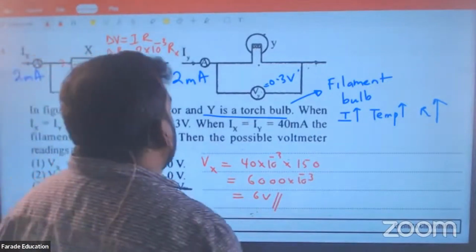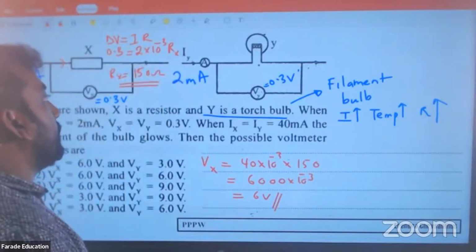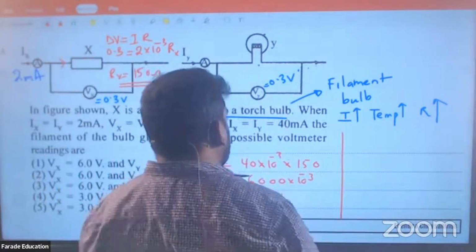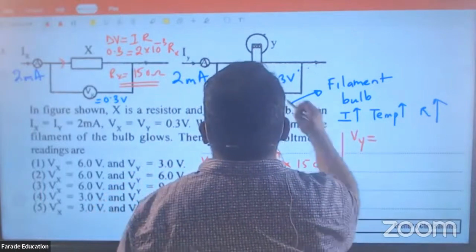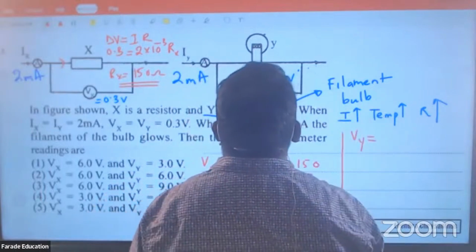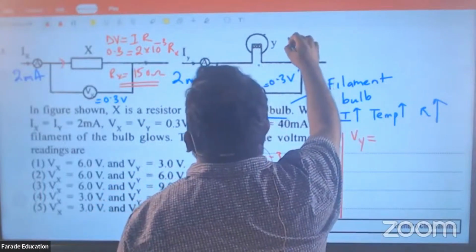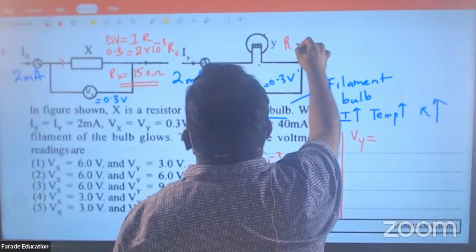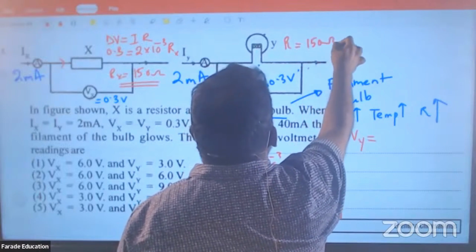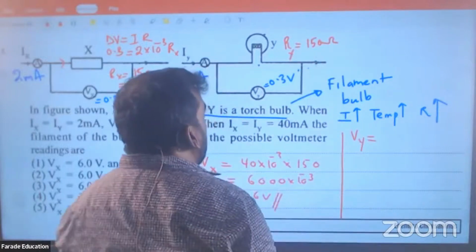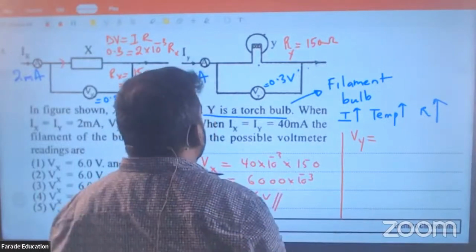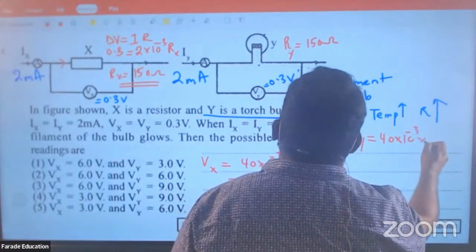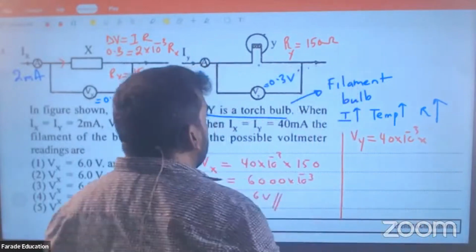What about Vy? Here the same current is passing through, and initially the resistance is 150 ohm. Now the resistance will increase at 40 milliampere.